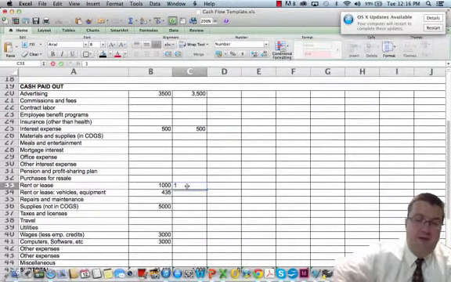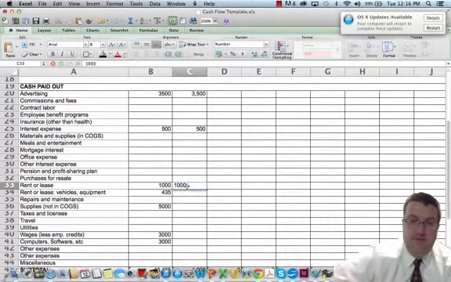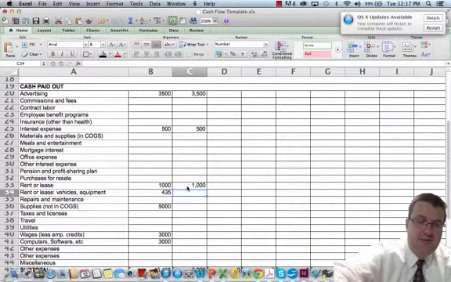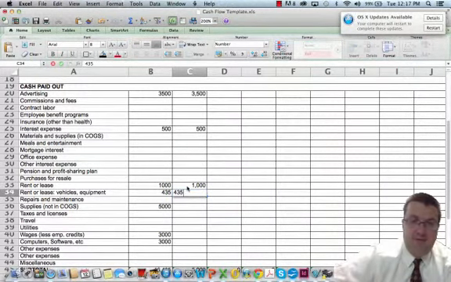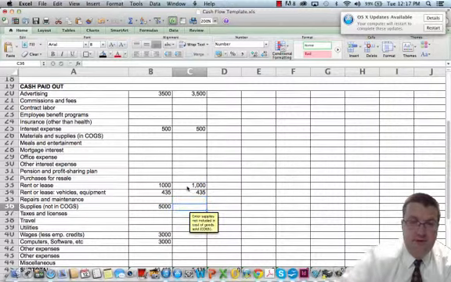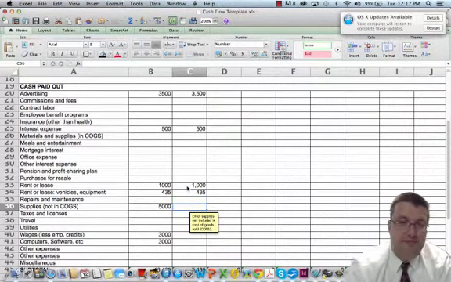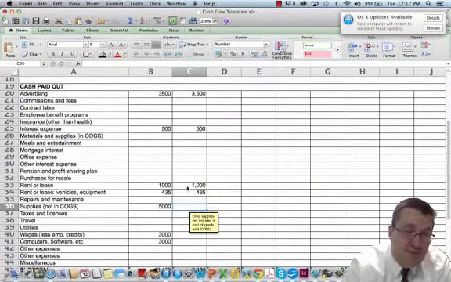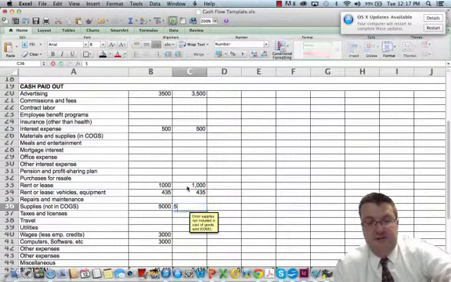Got to pay $1,000 on my rent or my lease. That's still there. Ooh, car payment. Still got to pay for the company vehicle. I might still have to buy more supplies, so let's assume, if I low end that, $1,000.